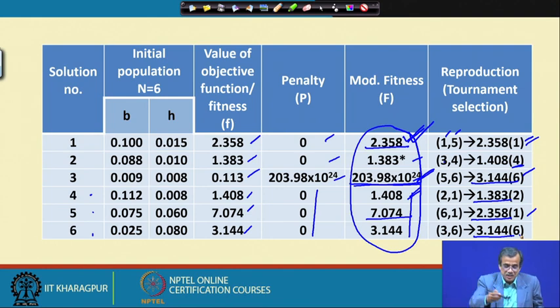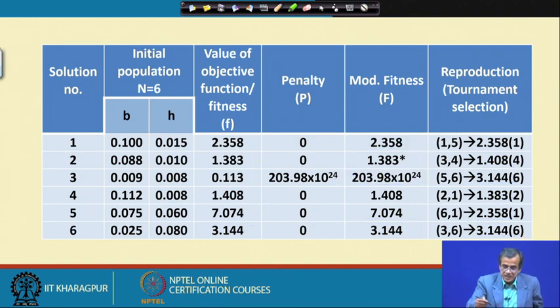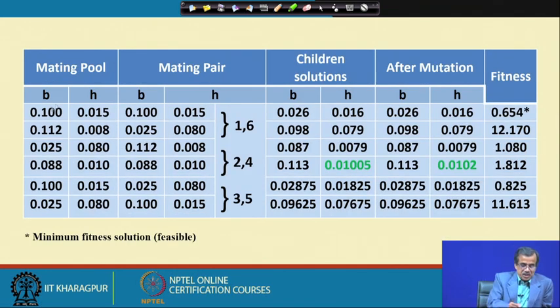So, by doing this, I will be getting the mating pool. So, this is nothing but the mating pool, and once you have got this particular mating pool, now we will have to go for the mating pair selection, and once again we will have to select this particular mating pair at random using the random number generator.